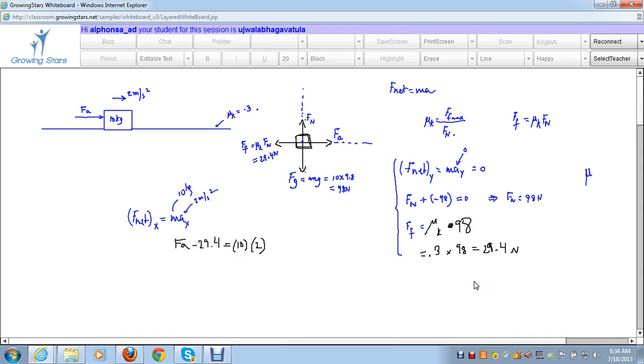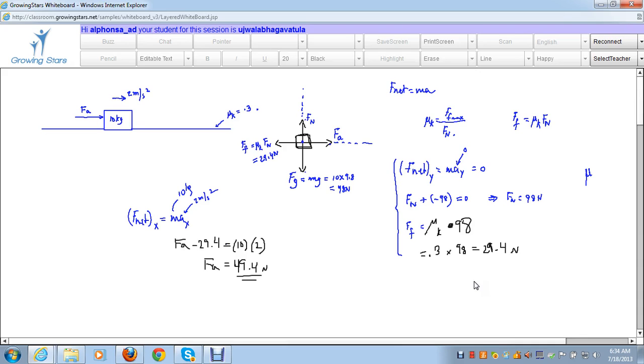That is 49.4 Newton. Okay, you can write down. Is the concept clear? 49.4 Newton.